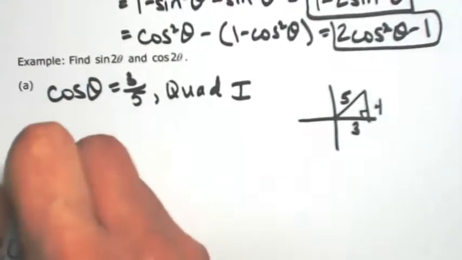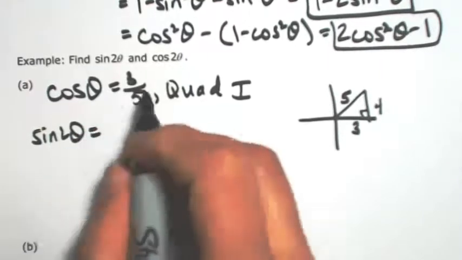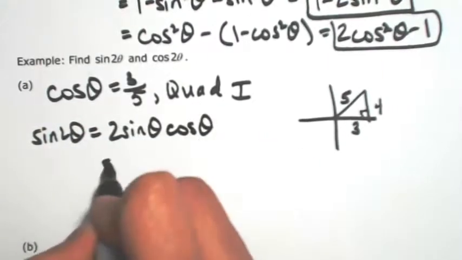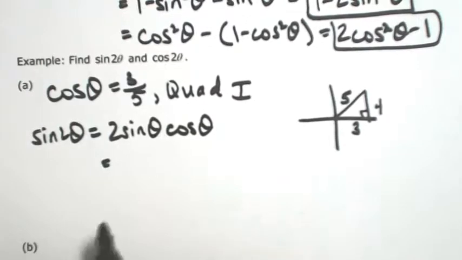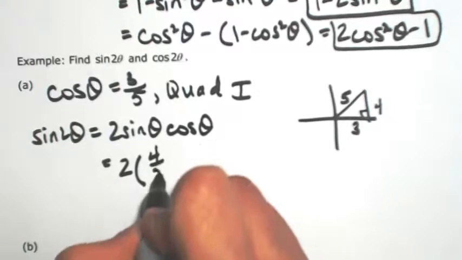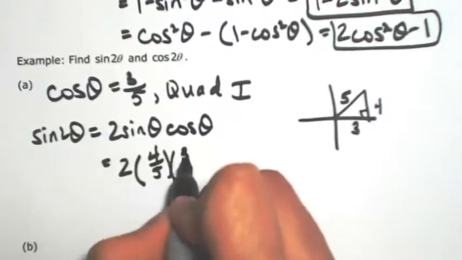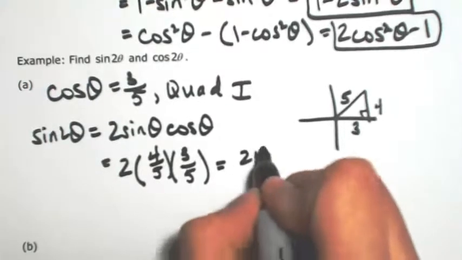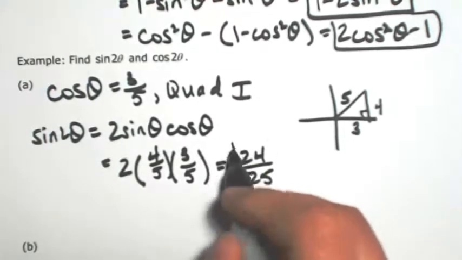To find the sine of 2 theta, that's 2 sine theta cosine theta. Then just fill in the information from the picture. Sine of theta is 4/5, and cosine of theta was given as 3/5. Multiplying that out, we get 24/25.